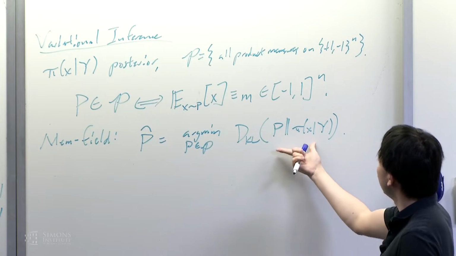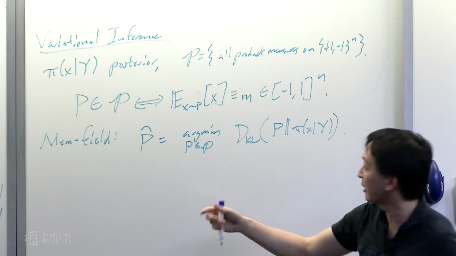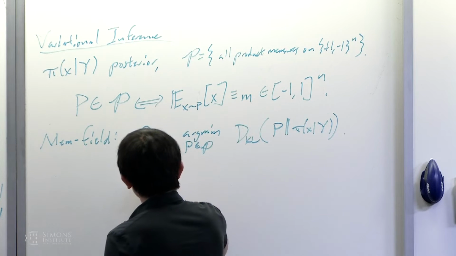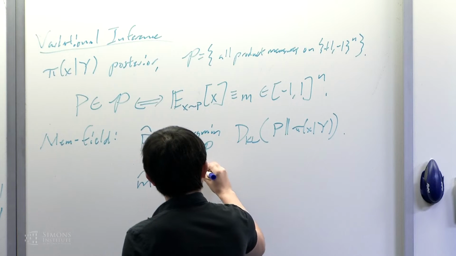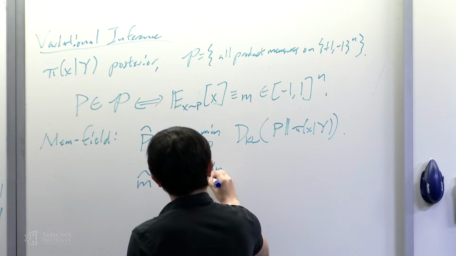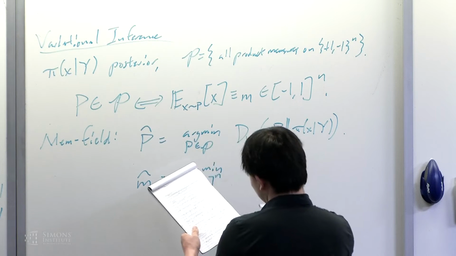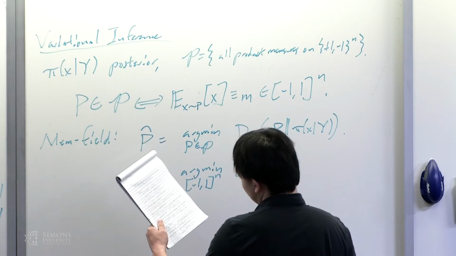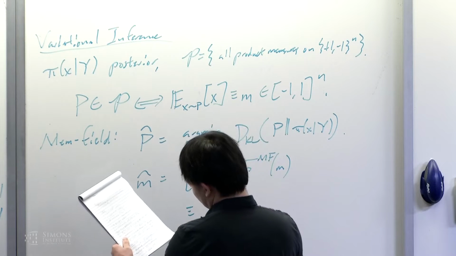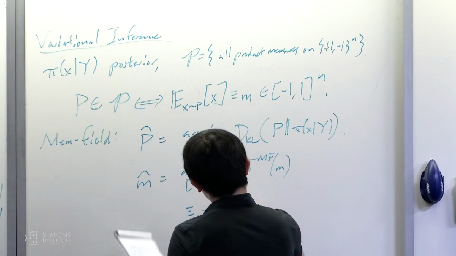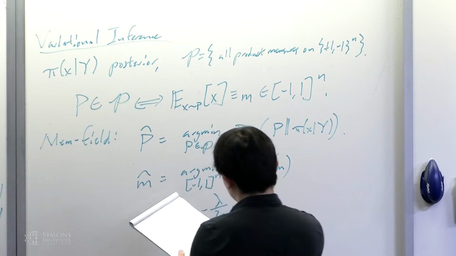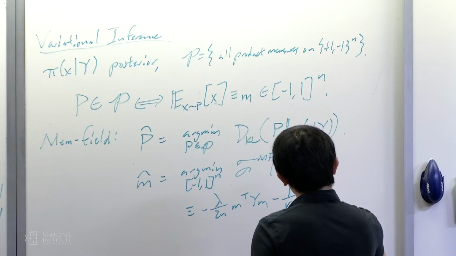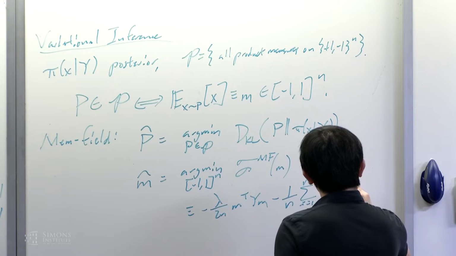Now, if I were to write out this KL divergence in the particular model I wrote down, we can write that in terms of this mean parameter. What this becomes is we want to find m hat, which is the minimum over the solid cube of the following functional. I'll call this the mean field free energy. This functional takes the form minus lambda over 2n, m transpose y m. This is sort of the energy term. And then minus an entropy term, 1 over n, sum i equals 1 to n, h of m_i.